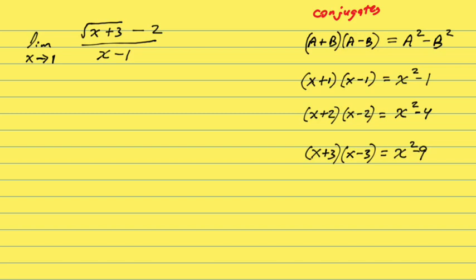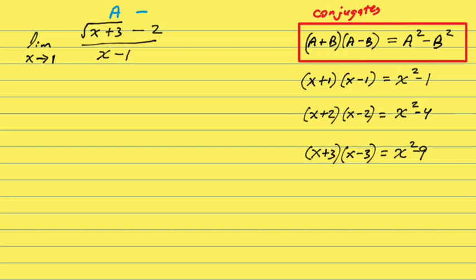Is everybody okay with the fact that a plus b times a minus b is a squared minus b squared? The reason I'm asking is I would like to know the conjugate of the numerator. a minus b. What's the conjugate of a minus b? Well, it would be a plus b.